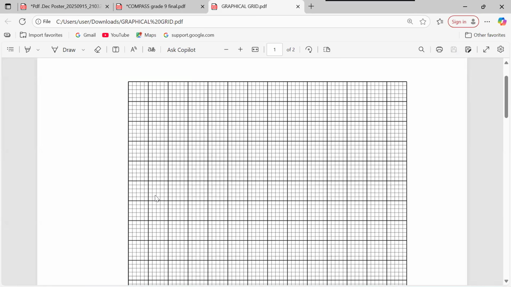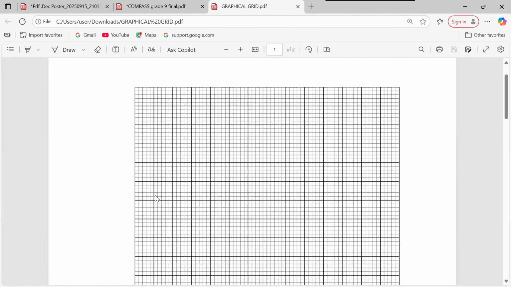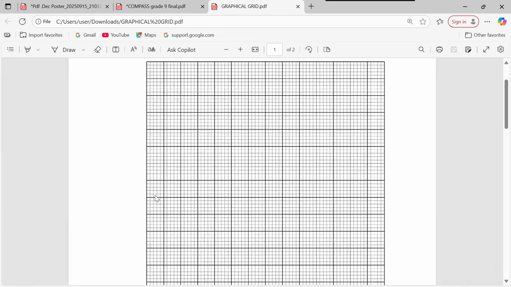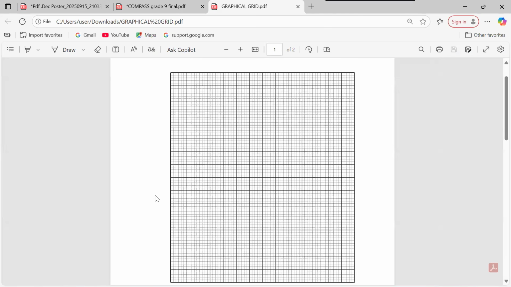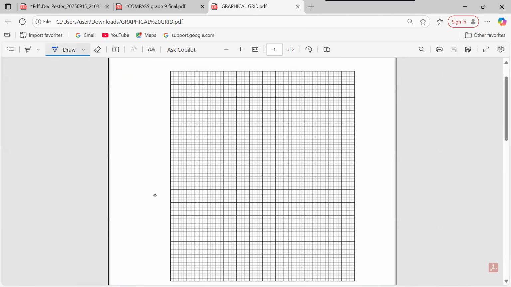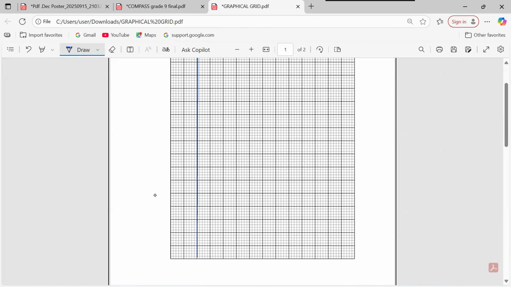So let's now draw it. I start with the x-axis. Okay, this is the y-axis. Then also the x-axis, which can be somewhere here.